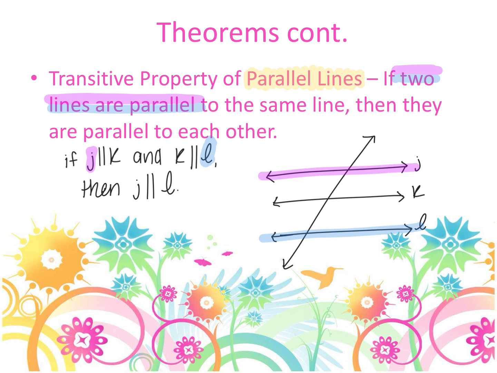If 2 lines are parallel to the same line, here's my same line, then they are parallel to each other. J is going to be parallel to L. Those 2 lines are going to be parallel to each other if they're parallel to the same line.